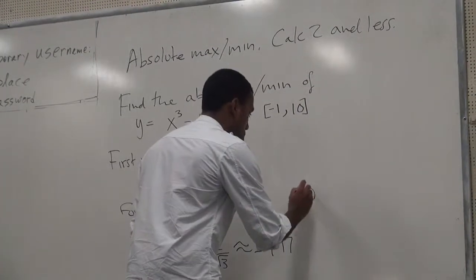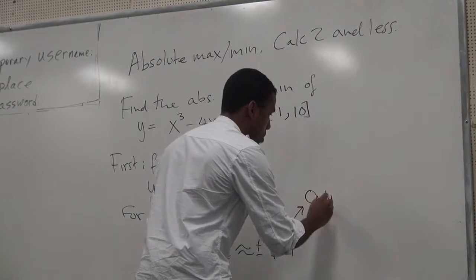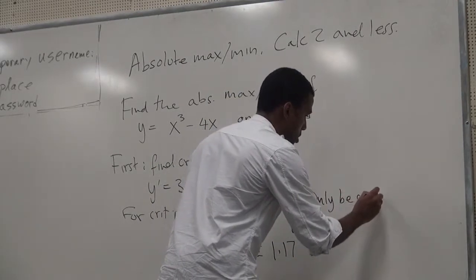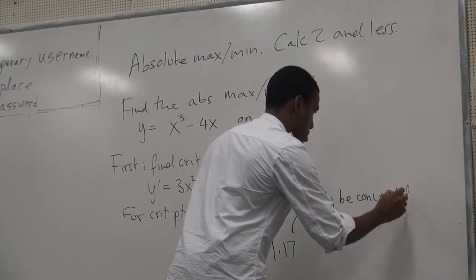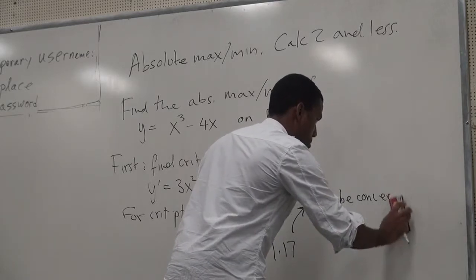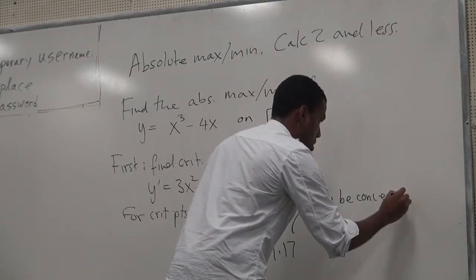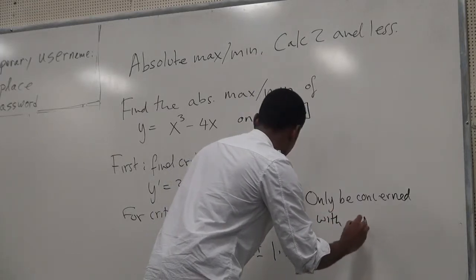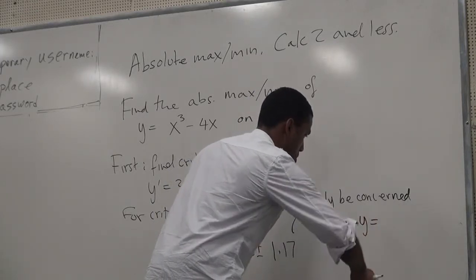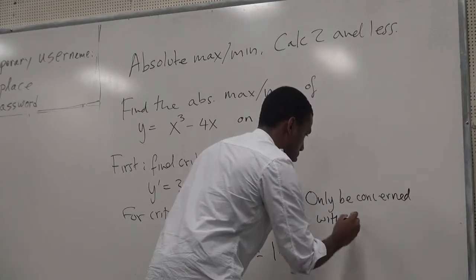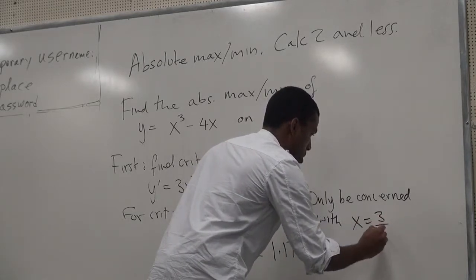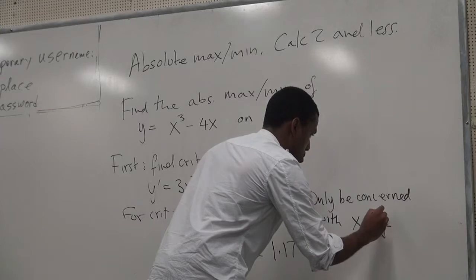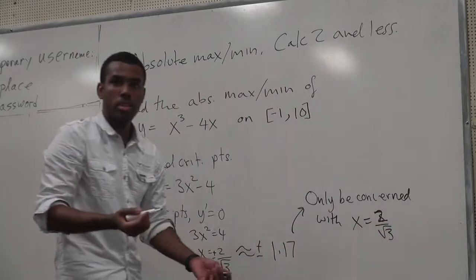So here you'd only be concerned with x equals 2 over radical 3, right? Only the positive value you care about.